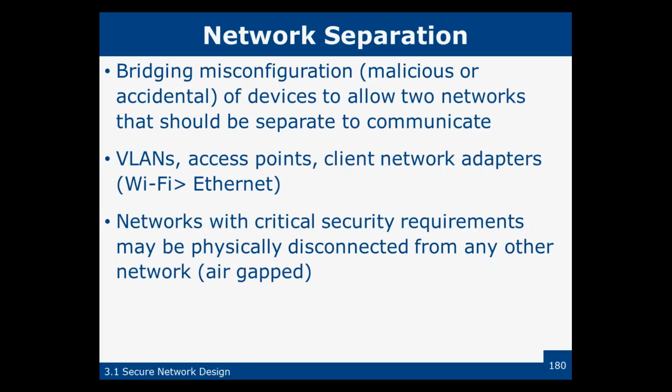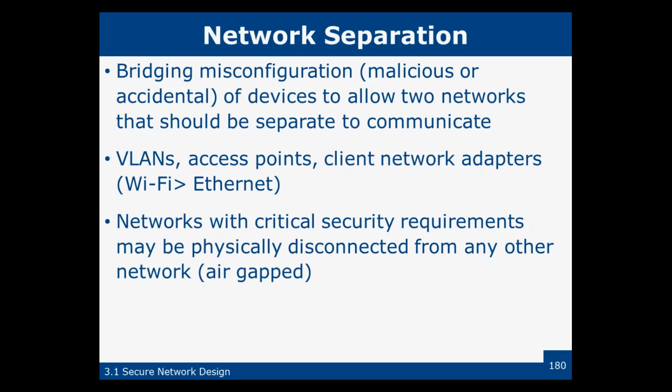What I've found with Windows in particular is if you have two NICs and both of them connected, sometimes it gets really confused and doesn't know which port to send it out of. So if you have multiples and you're only using one, you may want to consider disabling the second one. VLANs, access points, client network adapters.